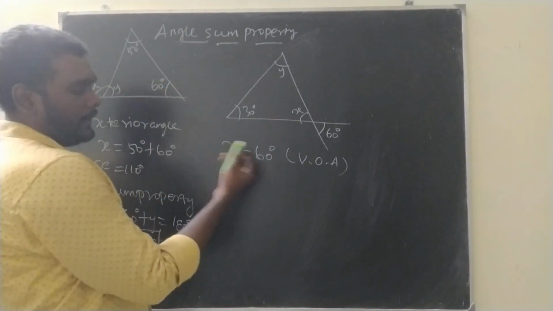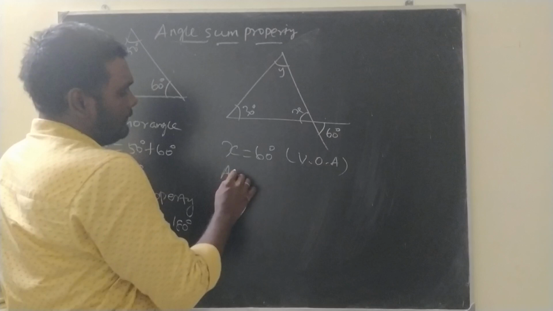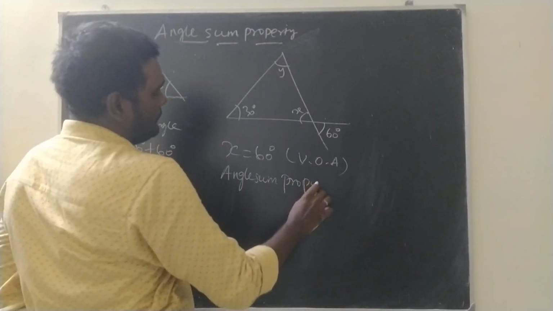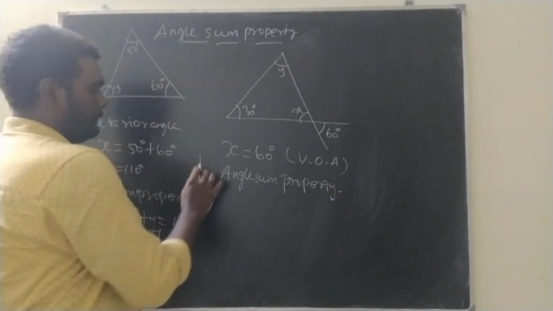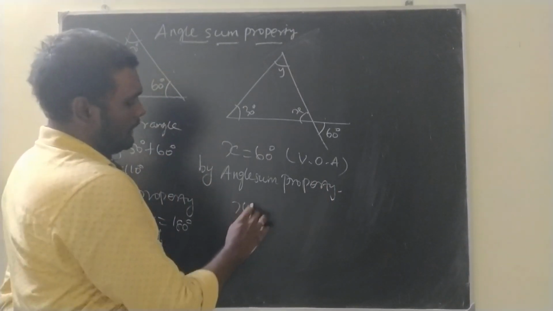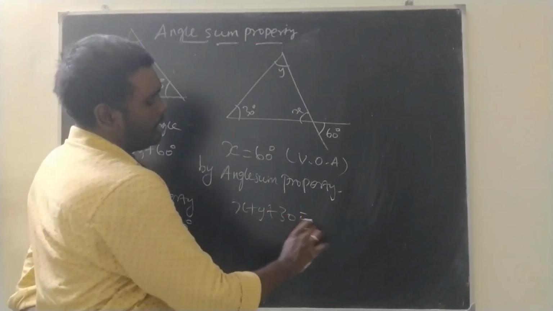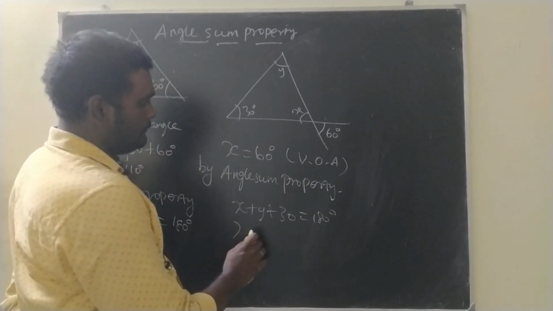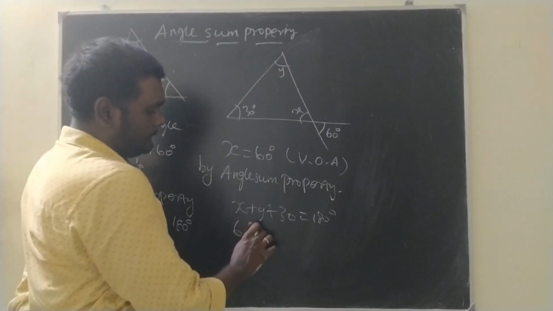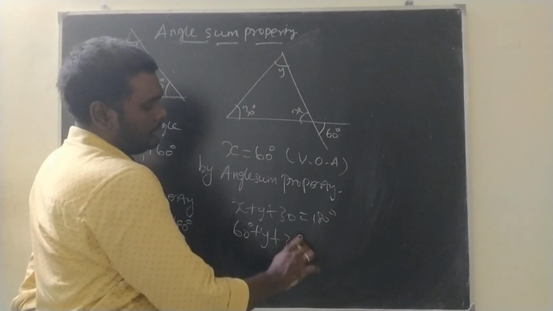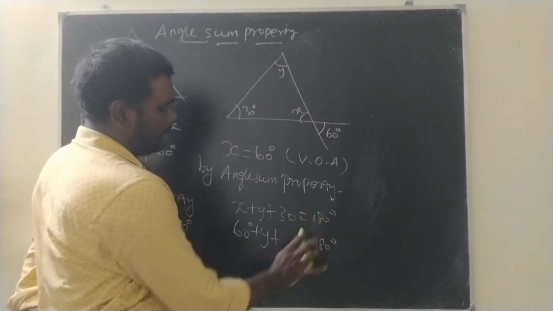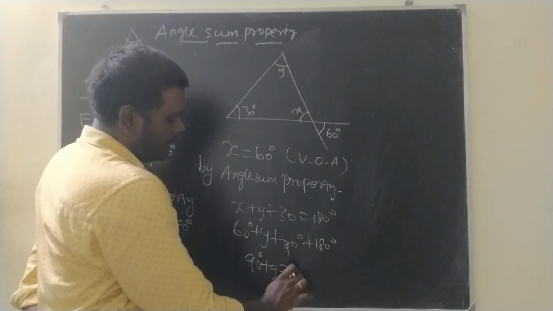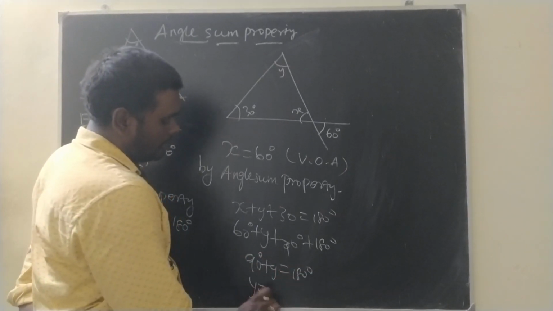Also, after finding x equals 60, we can use the angle sum property that x plus y plus 30 equals 180 degrees. What is our x? We don't know. Oh, sorry, x is 60 degrees, y we don't know, 30 degrees. 60 plus 30, which is 90 degrees, plus y is equal to 180, that will give us y is equal to 90 degrees.